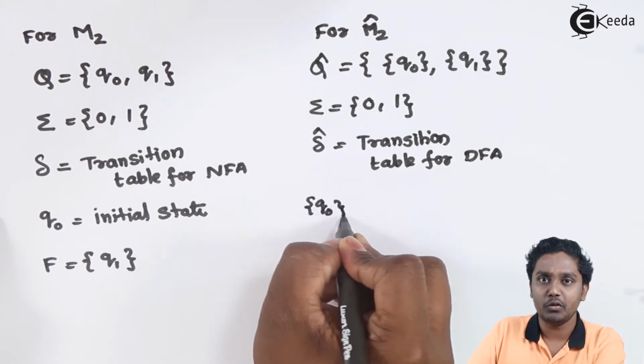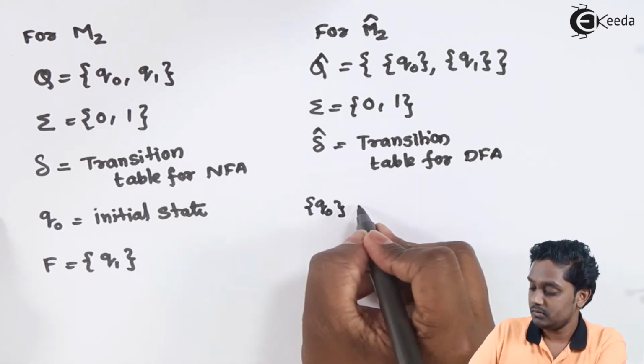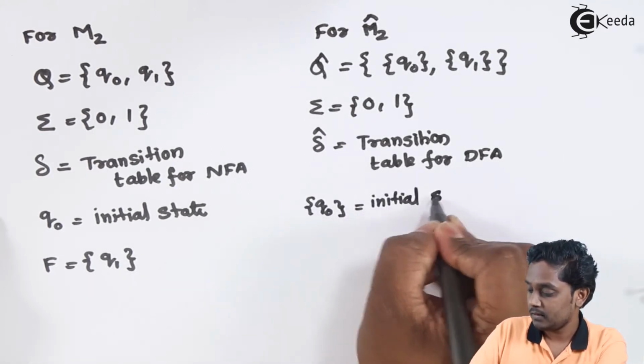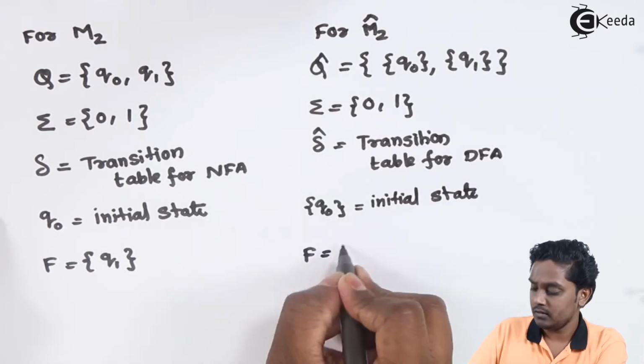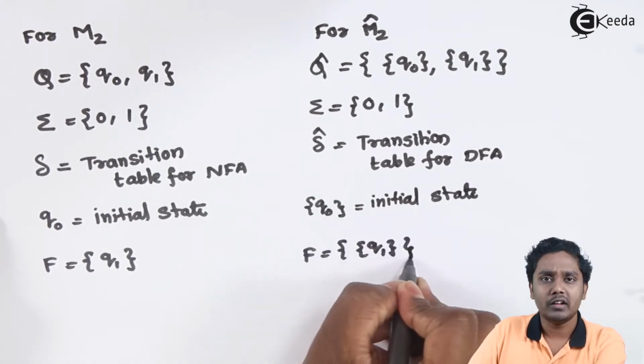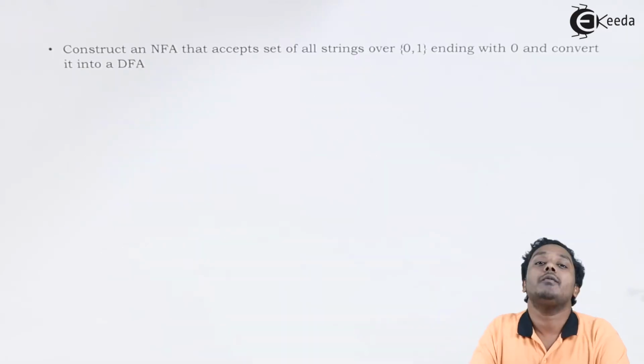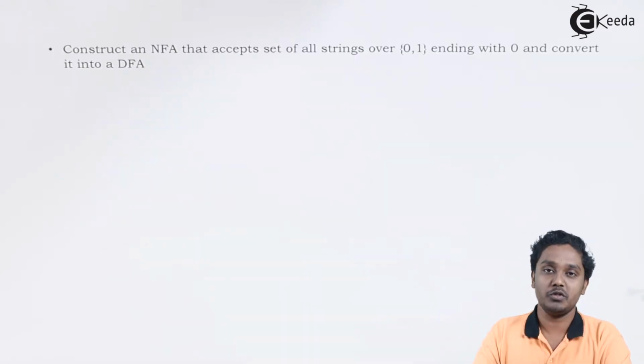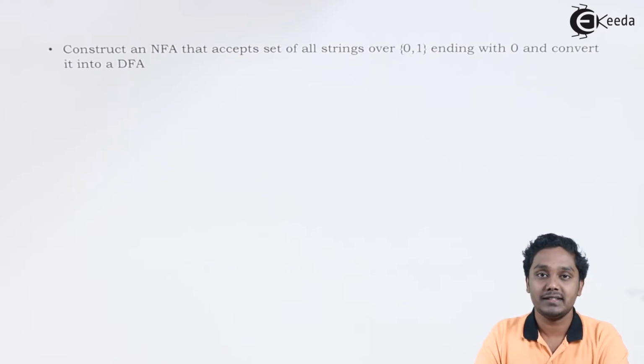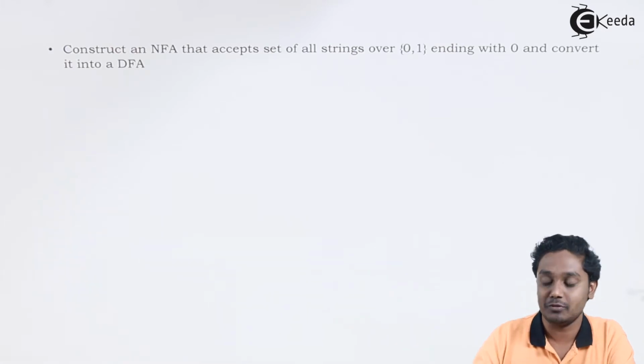The set containing Q0 is the initial state. The set containing the final state Q1 is the final state. We have seen two examples of conversion of NFA to DFA, one with strings starting with 0, one containing 0. Let's see the last one, that is, ending with 0.